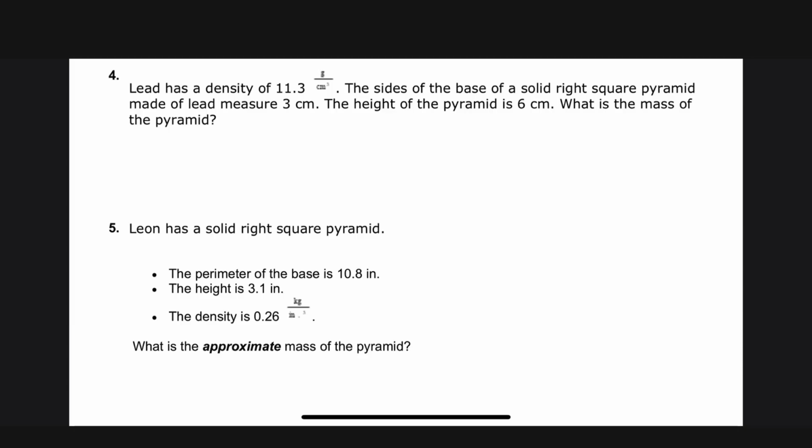So density is going to be equal to mass over volume. So we do need to figure out the volume of this pyramid. So volume is going to be equal to 1/3 the base area times the height.